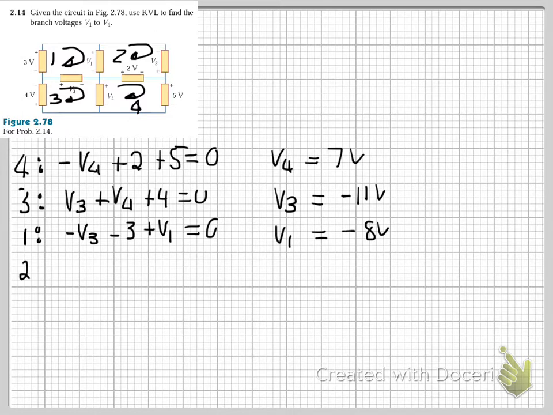And then in loop 2, we have negative V2 minus 2 minus V1 is equal to 0. This gives us a value of V2 is equal to 6 volts.